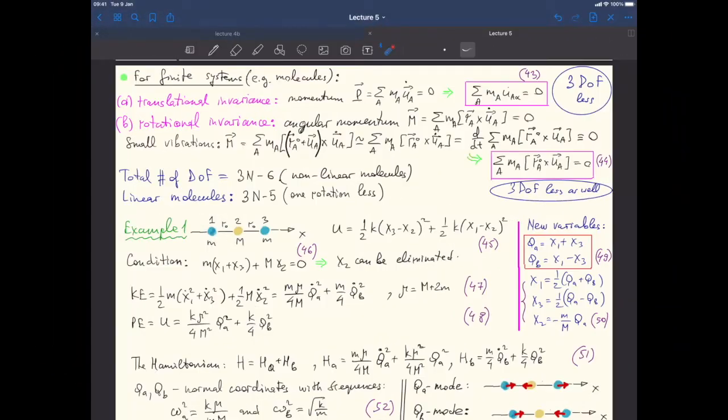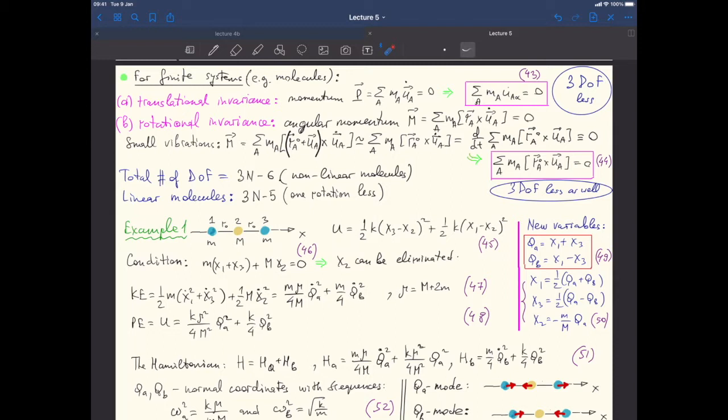Now let's consider how vibrations are obtained for a finite system like a molecule. In this case, one has to take account of the fact that translation of the molecule as a whole or rotation of a molecule as a whole do not correspond to the vibrations, and therefore there will be some specific combinations of atomic displacements corresponding to translation and rotation, which have to be excluded from the set of all possible displacements of atoms.